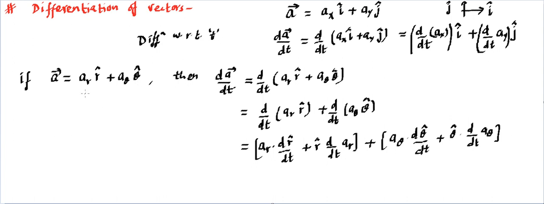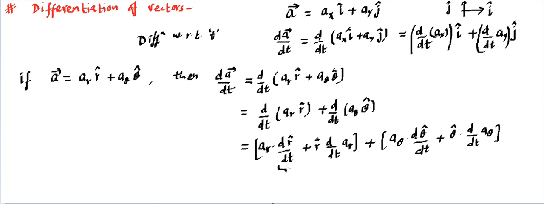Whereas in case of circular coordinates, r cap theta cap, which may change and which generally changes, in that case of differentiation, you should not take r cap as a constant, you should not take theta cap as a constant until and unless you have been stated that they are constant. So for that sake, you need to treat them, that means we need to differentiate.